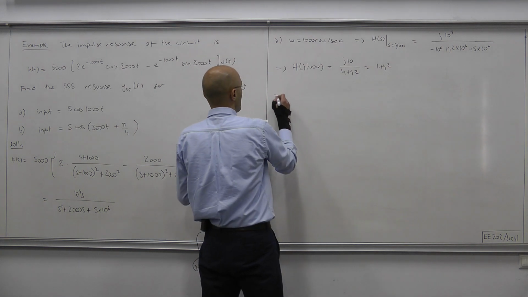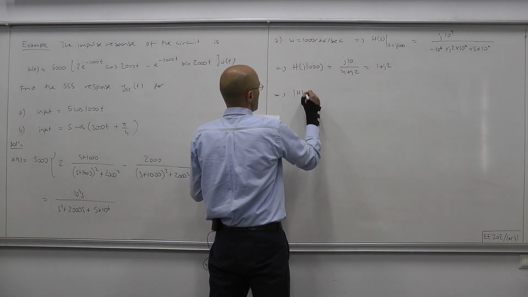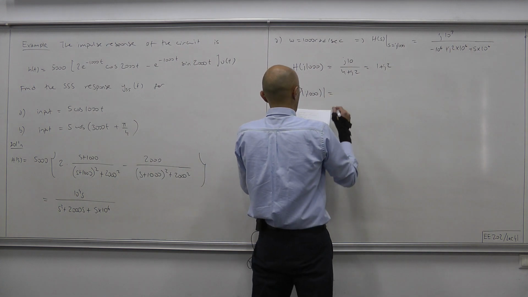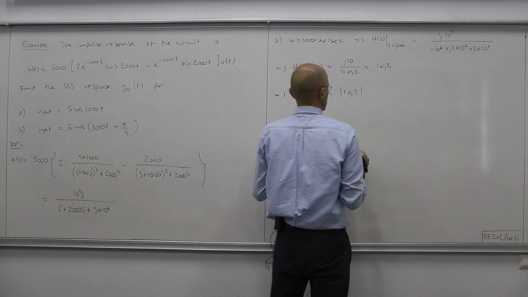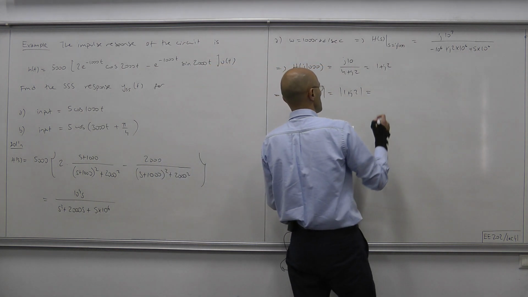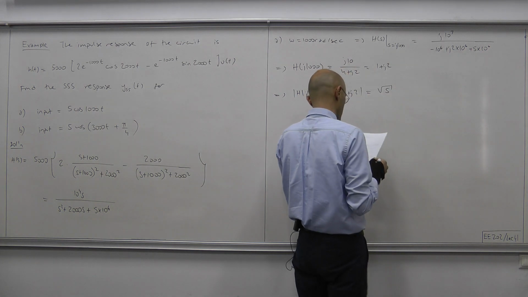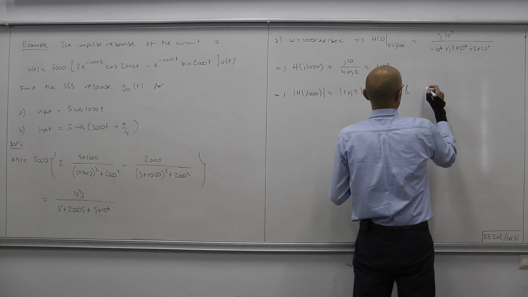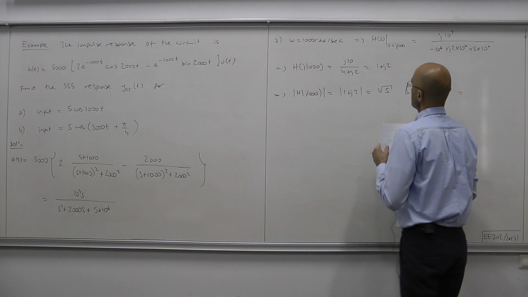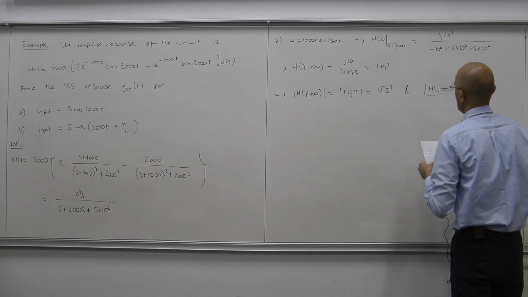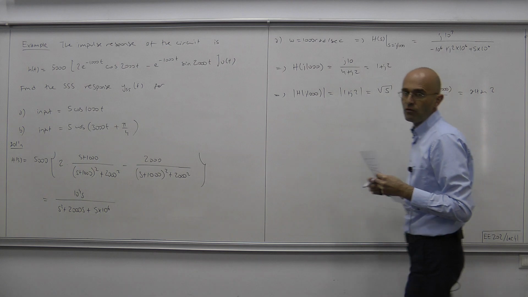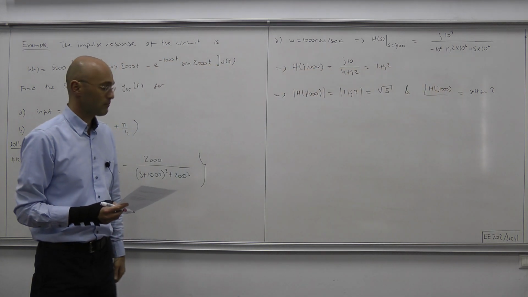So the magnitude equals the magnitude of 1 plus j2, which is the square root of 1 plus 2 squared, that produces square root of 5. And the phase of H(j1000) is the phase of 1 plus j2, which is arctangent of 2 over 1, arctangent 2.